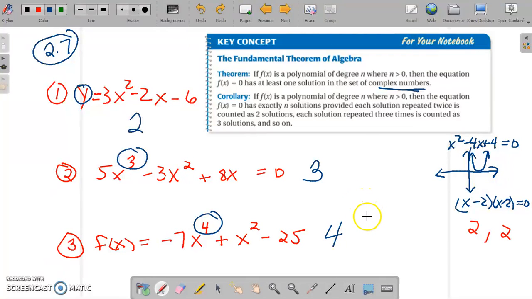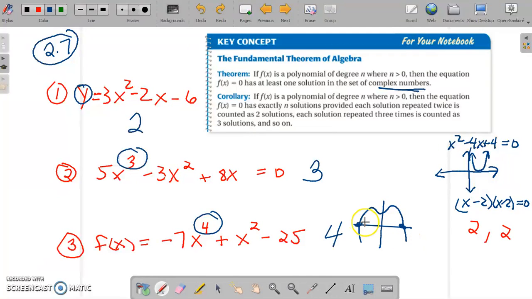If you look at a graph of a 4th degree polynomial and you only see the graph crossing the x-axis in 2 places, you know that you've got 2 real numbers. Let's say you graph a 4th degree polynomial and it looks like this. You can see very clearly it's crossing the x-axis in 2 spots.